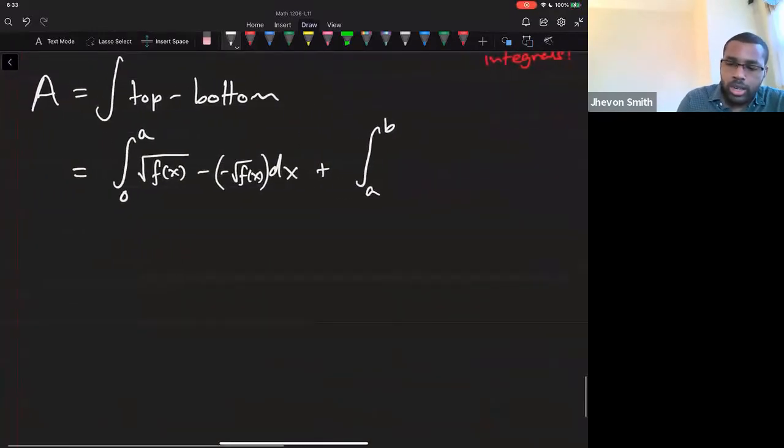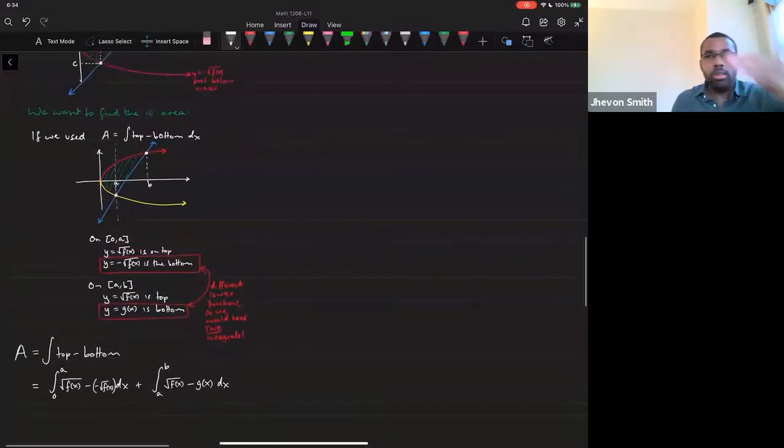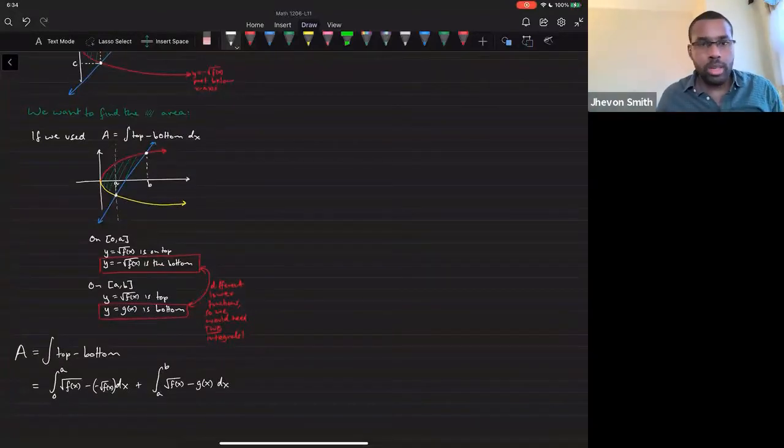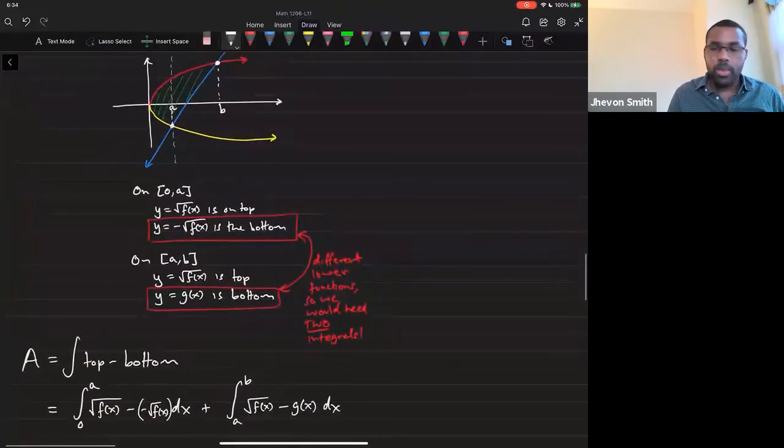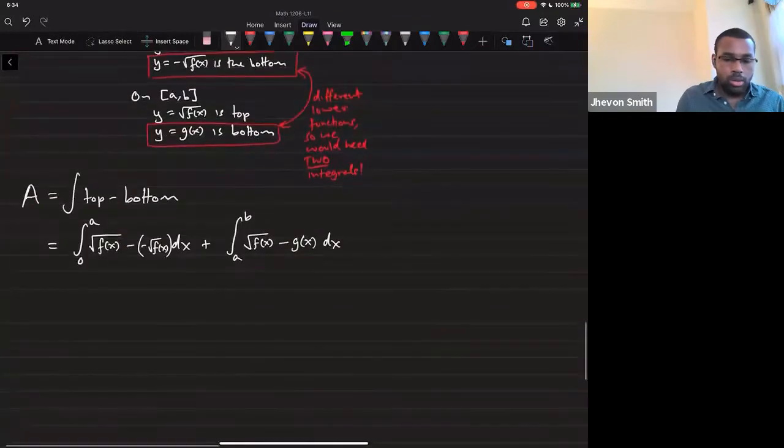And here you would have radical of f of x minus g of x. Because you would need two separate integrals to account for the two separate pairs of the top functions and the bottom function. Okay.